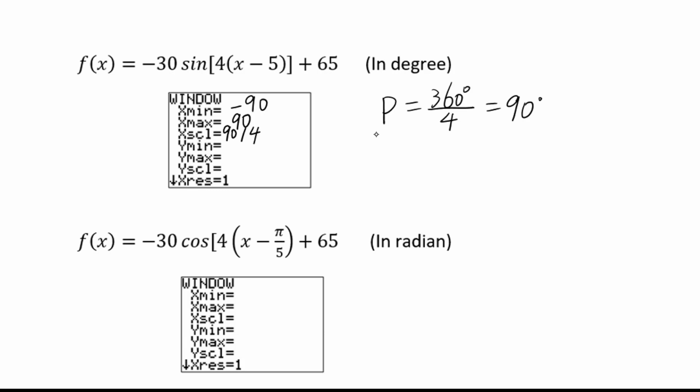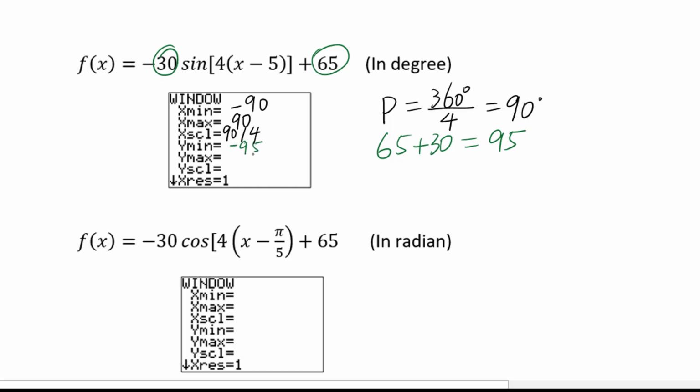For the y minimum and y maximum, it depends on these two numbers. So we do the 65 plus 30, that is 95. For the minimum, I will put negative 95, then minus a number.